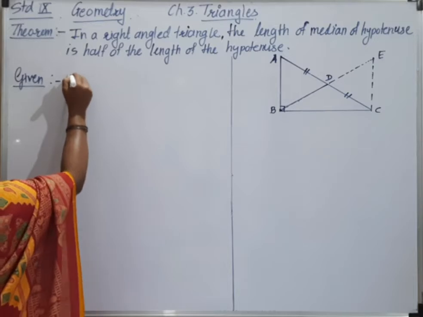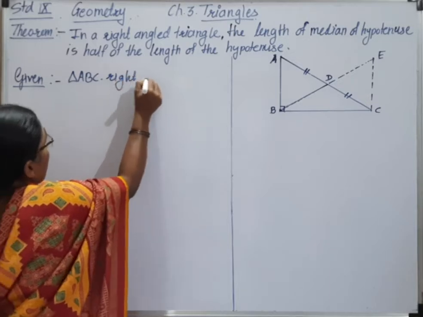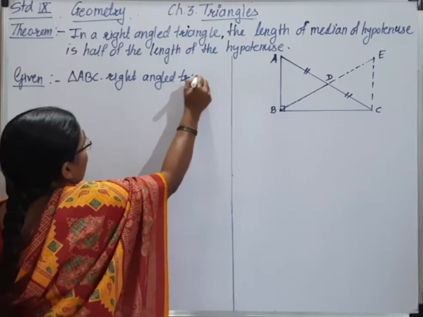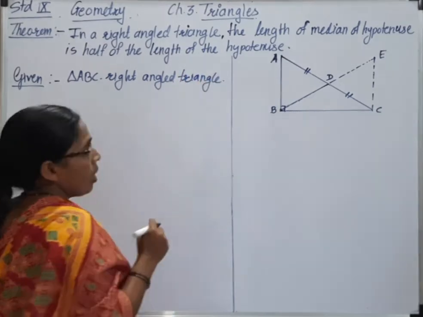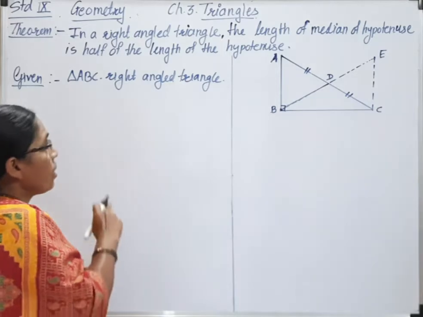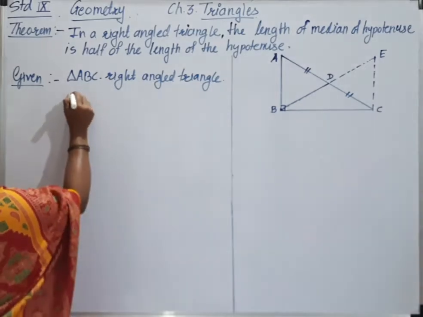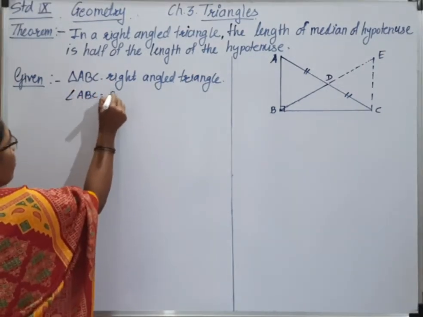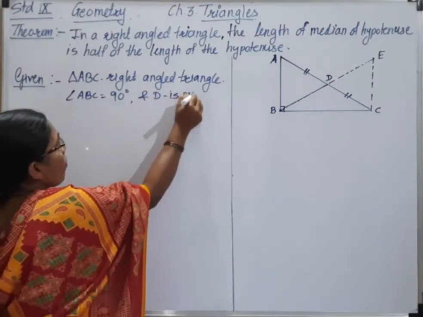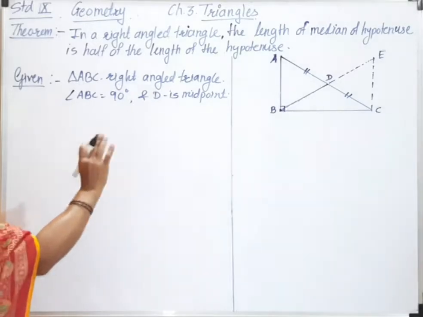Here it is given that triangle ABC is a right angle triangle, which means angle ABC is given as 90 degrees, and D is the midpoint. It is given only, and that's why BD is the median.